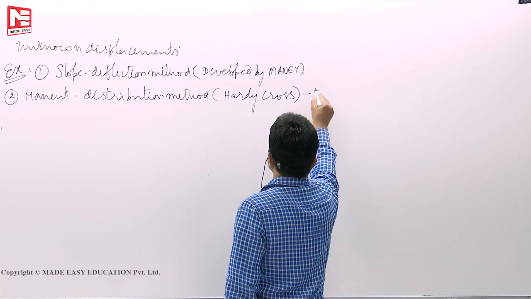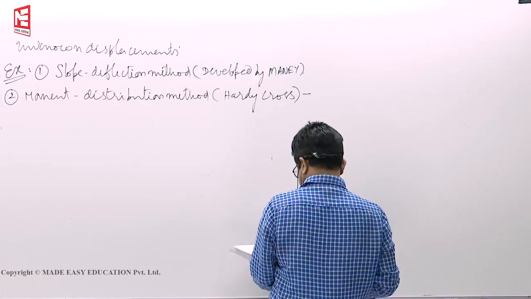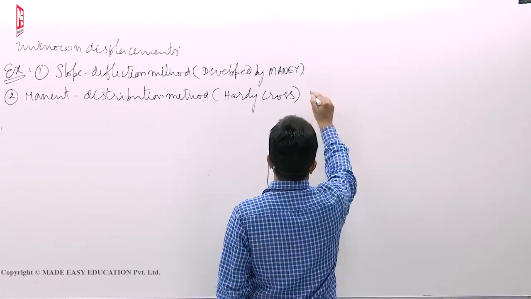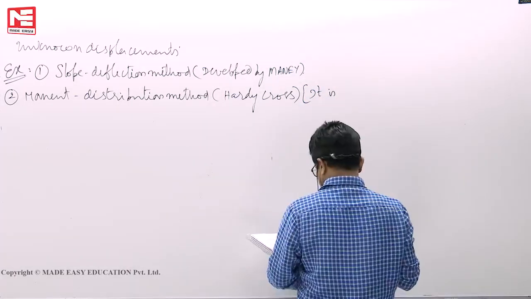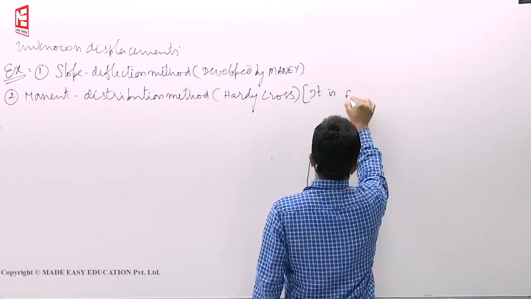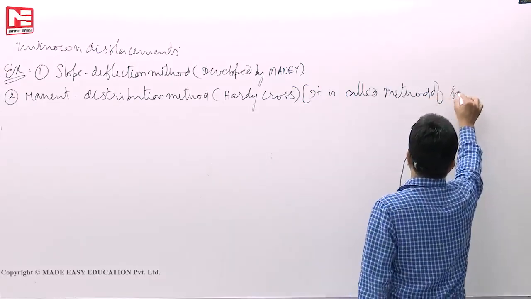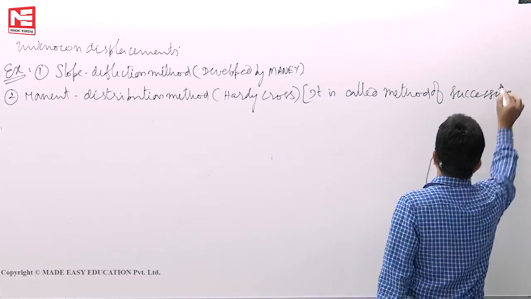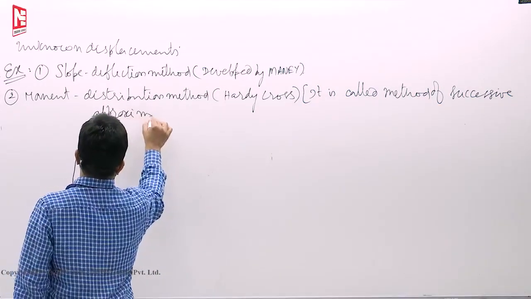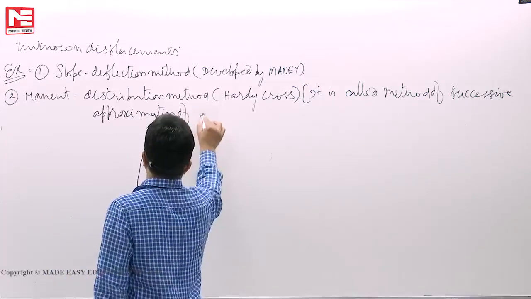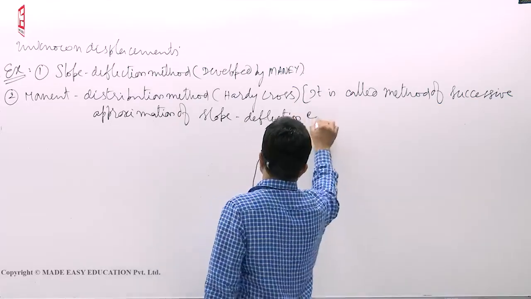This is iterative, the successive approximation. It is called the method of successive approximation of slope deflection equations.